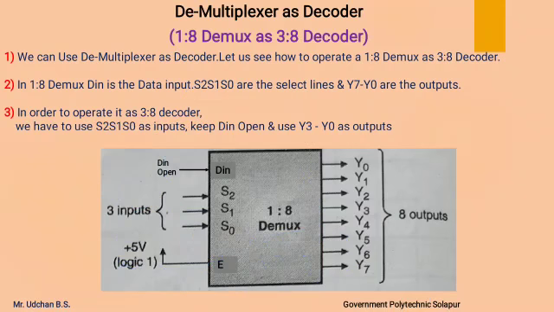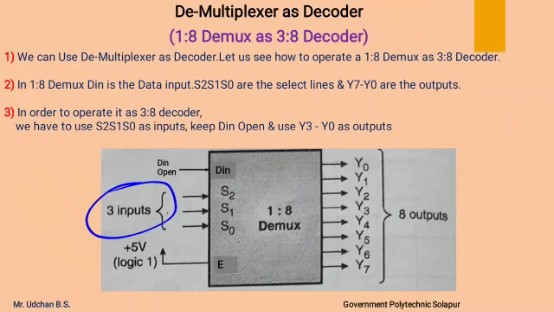In a similar way, we can use a 1:8 demultiplexer as a 3:8 line decoder. The 1:8 demultiplexer again has a single data input, 8 output lines and 3 select lines. In order to operate it as a 3:8 decoder, we use the 3 select lines as 3 input lines.